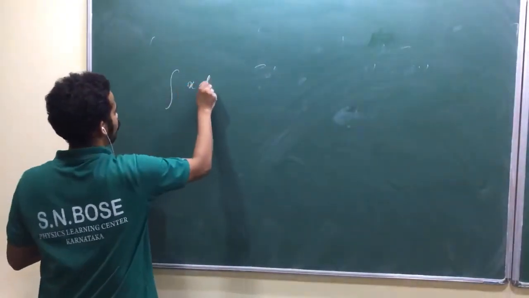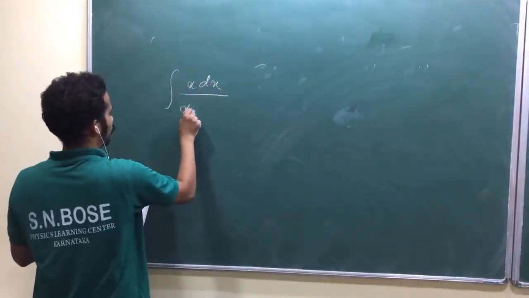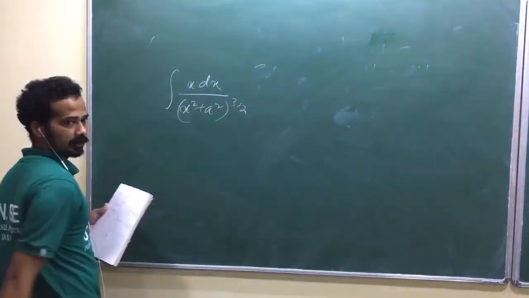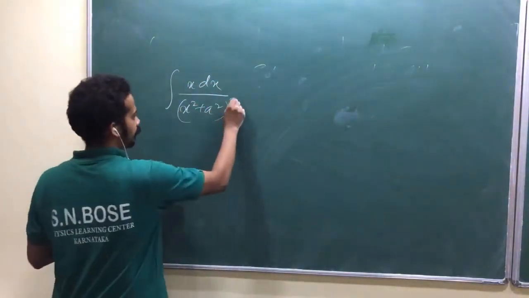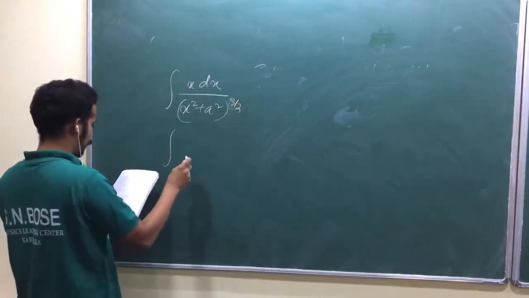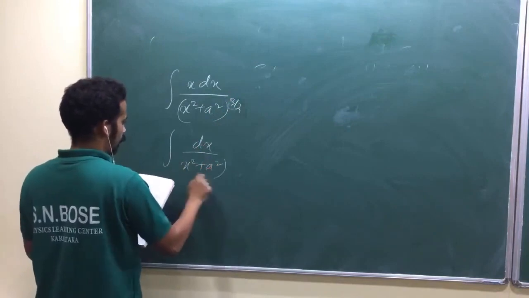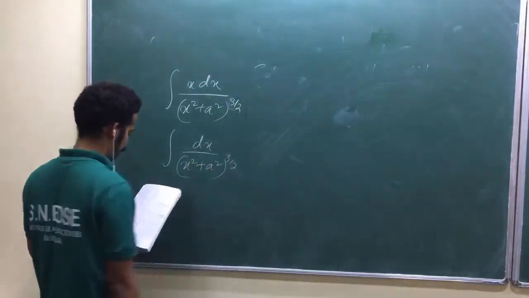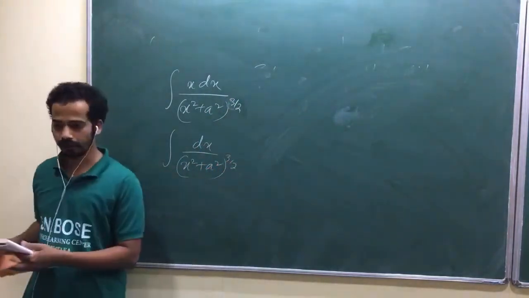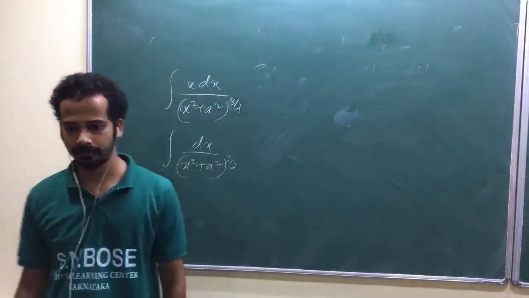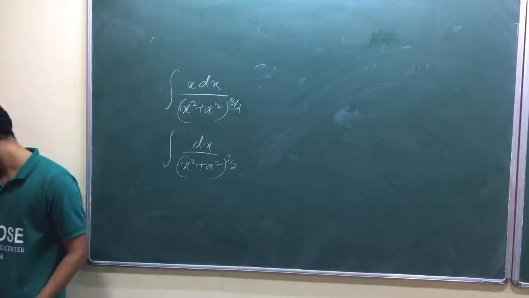Integral of x dx whole divided by x square plus a square whole power 3 by 2, x equal to a tan theta again. Similarly, integration of dx divided by x square plus a square whole power 3 by 2. Do these two problems by the substitution x equal to a tan theta, and practice that one.